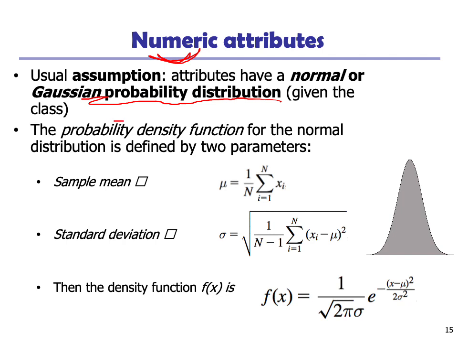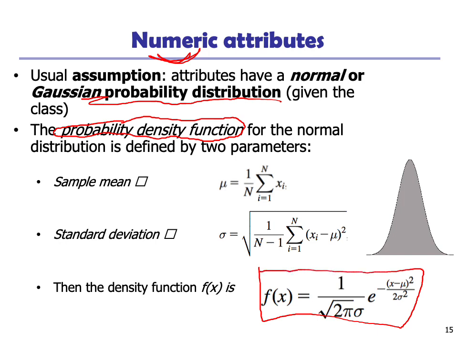And then what we need to do is to calculate something called the probability density function for the normal distribution, which is equal to this. So this is the density function. To calculate this, we're going to need the standard deviation and the mean of the training data. So we calculate the sample mean and the sample standard deviation of the training data.